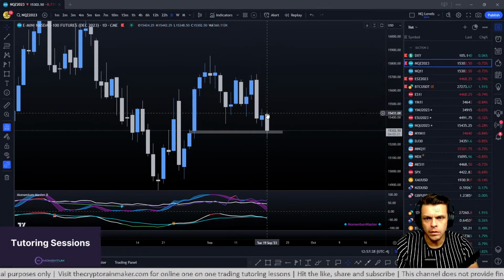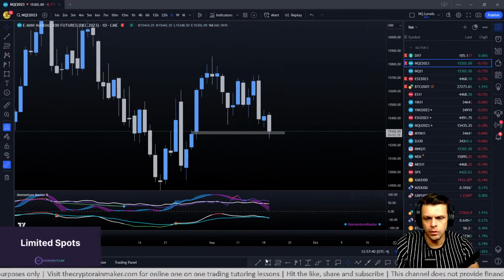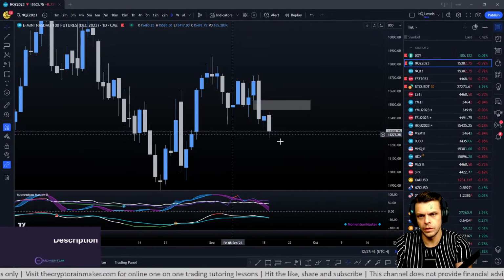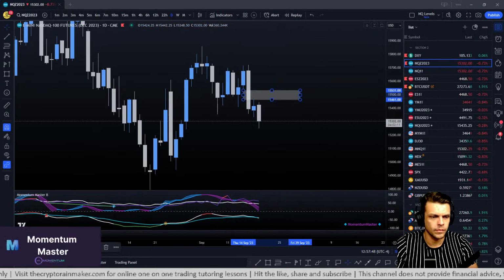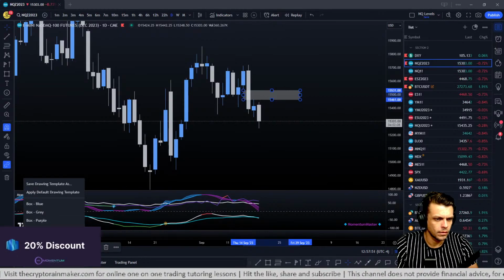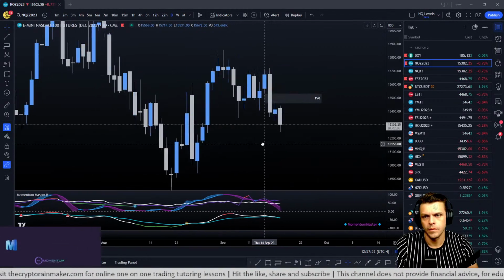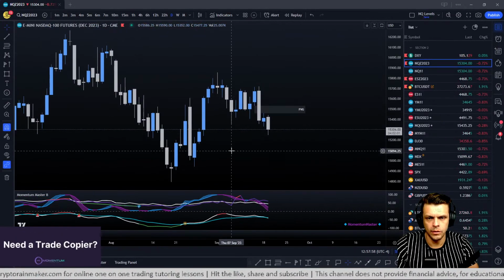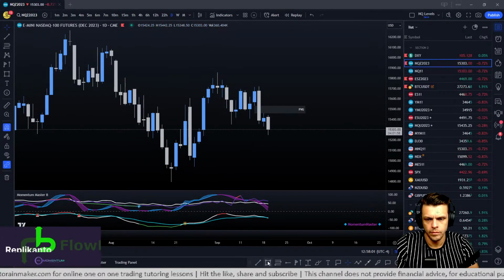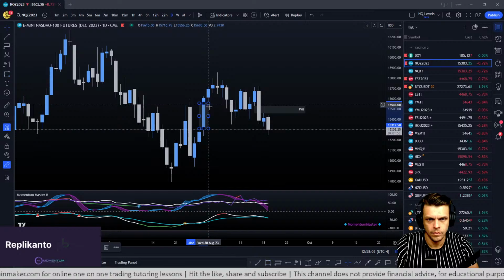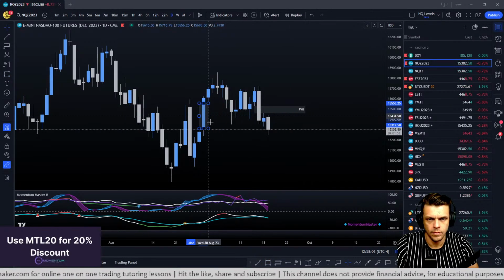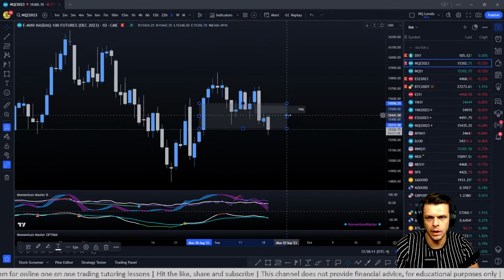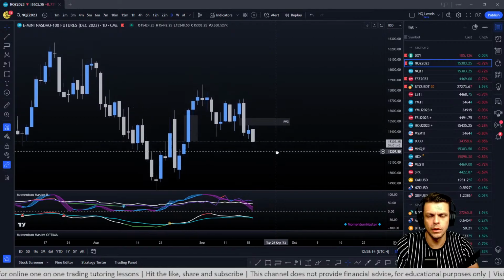There's a bit of an imbalance that it could go up and reclaim on the daily. Remove this. Okay, so it came back into this one. So it still hasn't closed below this. Just kind of wicked through it into the volume imbalance, into the Fibonacci golden pocket.